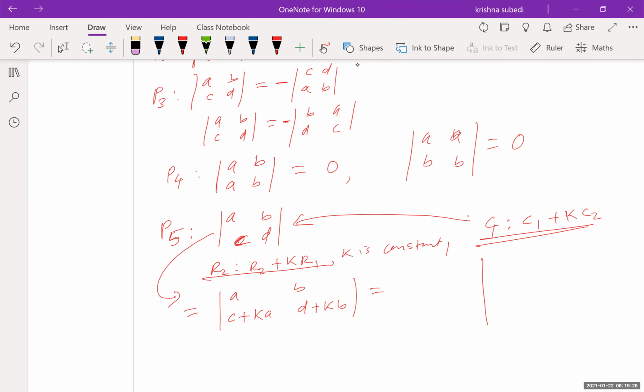We're talking about columns. So in column 1, A plus KB, sorry, A plus KB, thank you. And this will be C plus KD. And we did nothing in column 2, so let me just copy it as it is. So this one and this one are also equal.